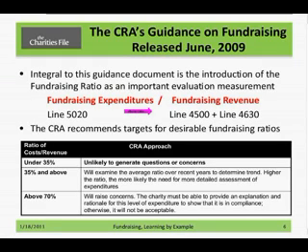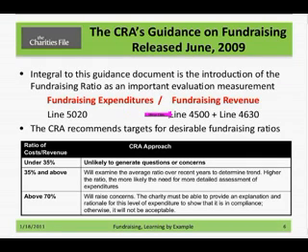On the bottom of the ratio are these other two lines, lines 4500, which are all of the tax receipted donations that you received, and then on line 4630 you have your non-receipted revenue that you would get from fundraising activities. So these are the two lines that would be considered revenue.